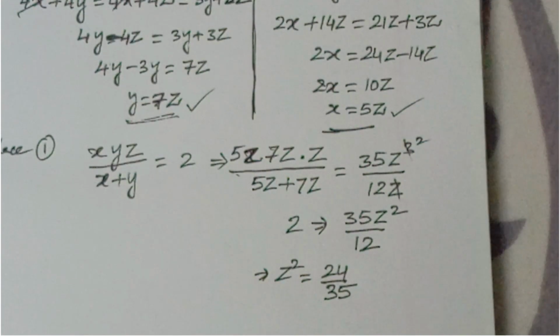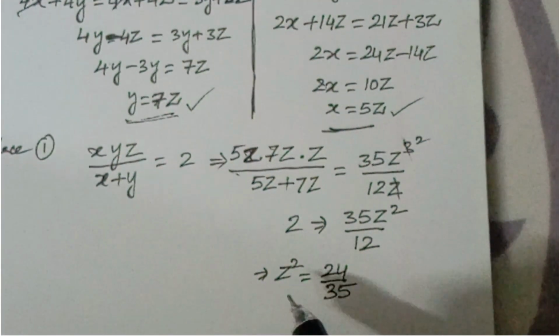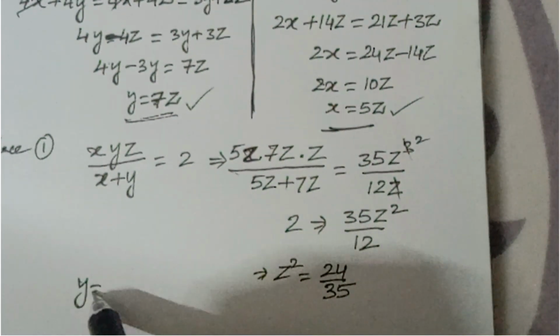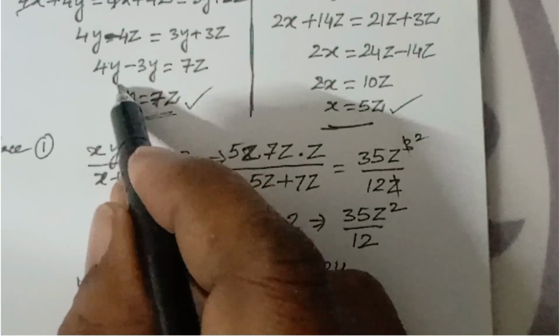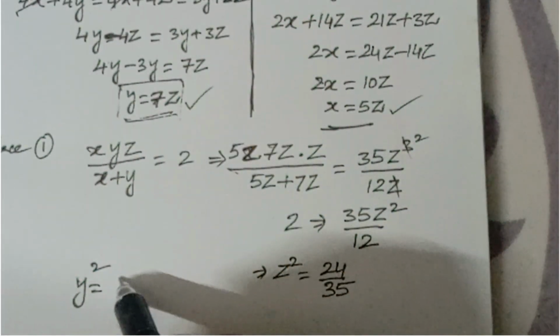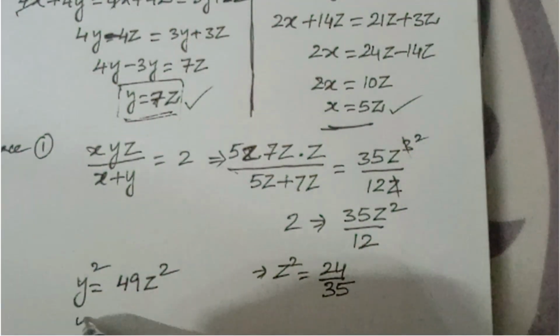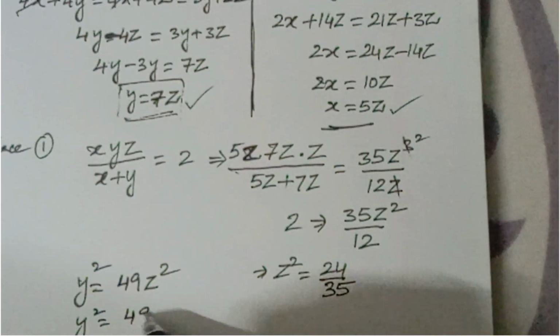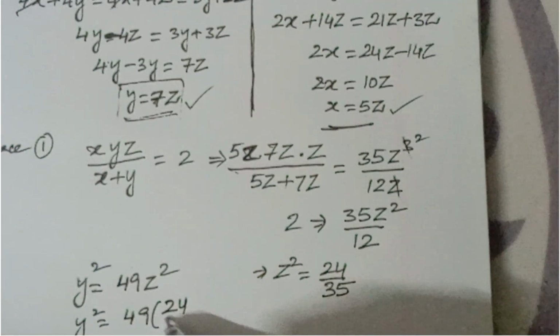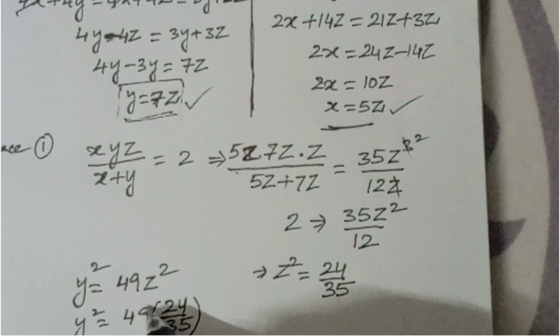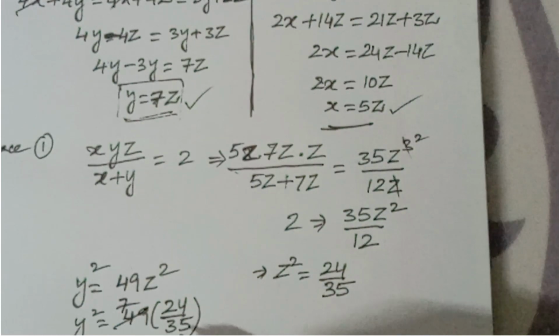Now, how to get the y value? If you take this one, y square is equal to 49z square. So y square is equal to 49 into 24 by 35. So here 7 sevens are 49, 5 sevens are 35.